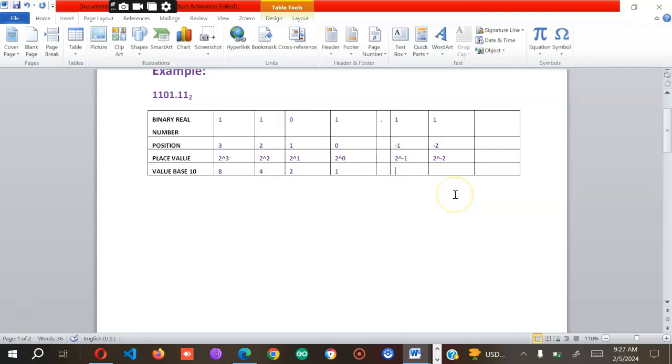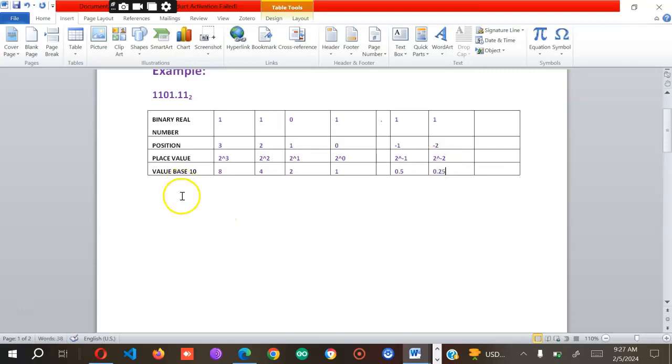On the other side, we have 2 raised to power -1, which is the same as, if you still remember the power of indices, a raised to power -1 is the same as 1 over a. So 2 raised to power -1 gives us 0.5, while 2 raised to power -2 gives us 0.25.